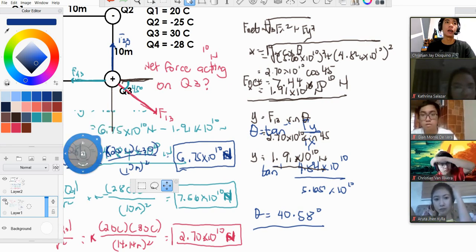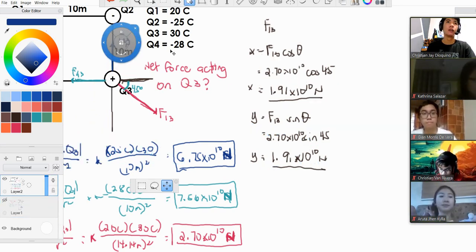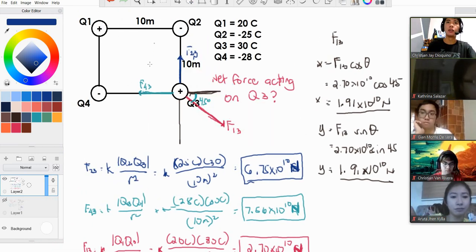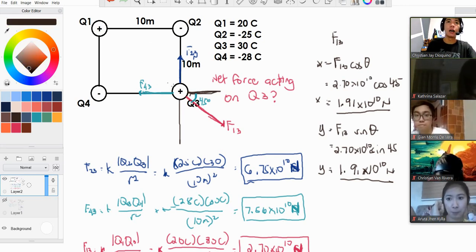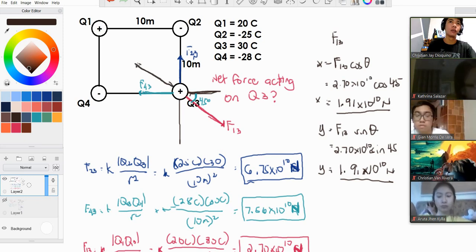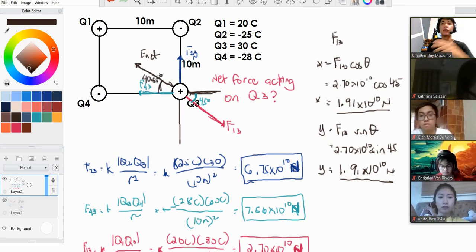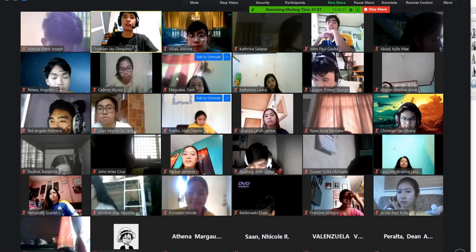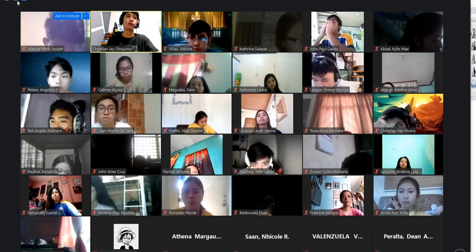So it is between F23 and F13, at 40 degrees along the x-axis. It is a bit toward the middle, but not exactly in the middle. Here is the Fnet, and the angle is 40.58 degrees. So we got the same answers. All the answers are the same. Very good.